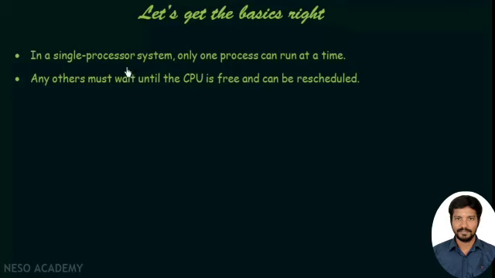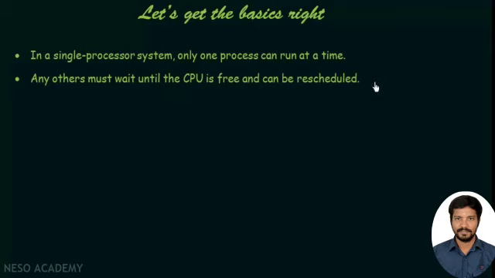In a single processor system, only one process can run at a time. We know that in a single processor system, there is only one processor. In that one processor, only one single process can run at a time, and any other processes must wait until the CPU is freed and can be rescheduled.